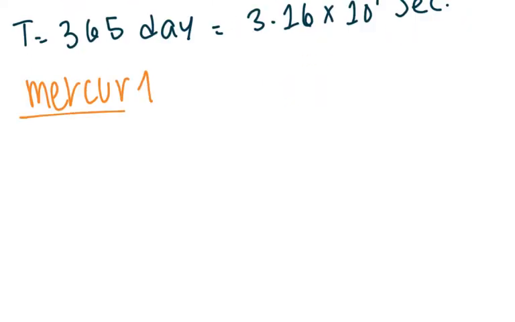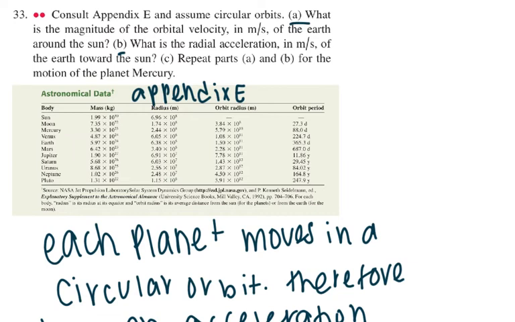So that's for what is the magnitude of the orbital velocity in meters per second.